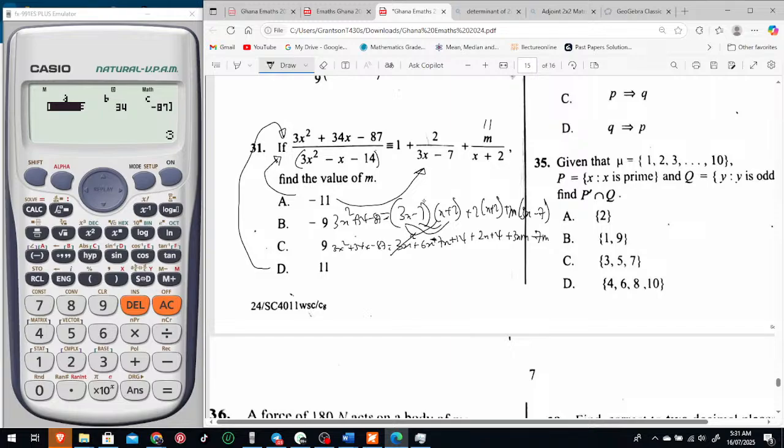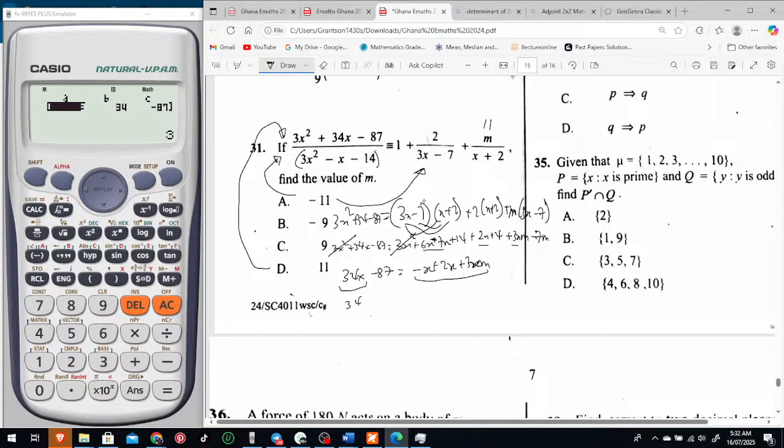So this 3x squared cancels this 3x squared. And the 34x will work with this, and this is negative 1. So 34x minus 87 equals negative x, plus 2x plus 3xm. So let's equate the x to the x.